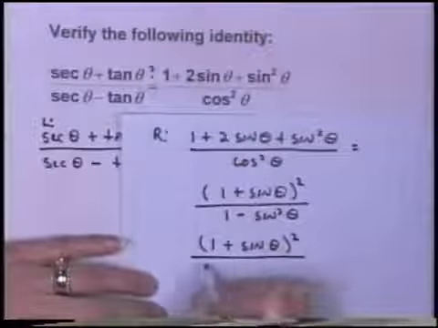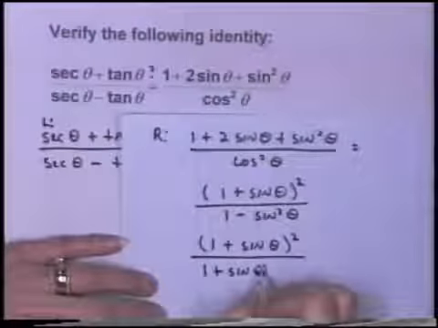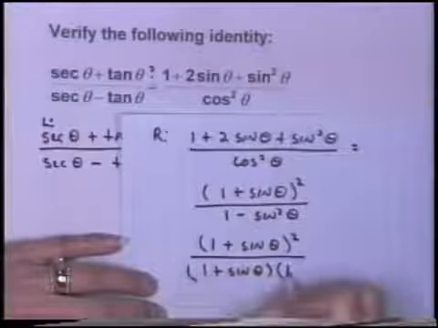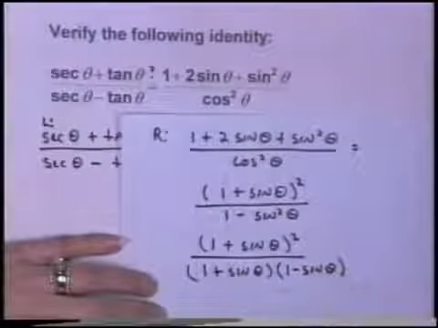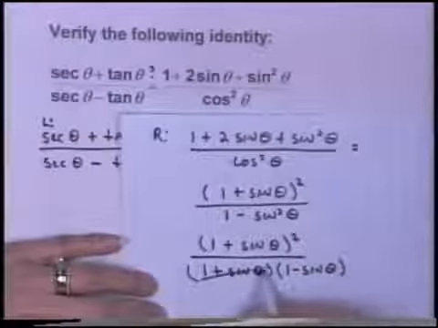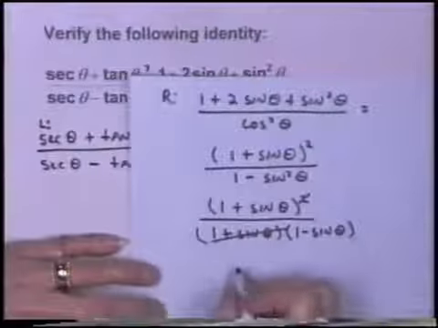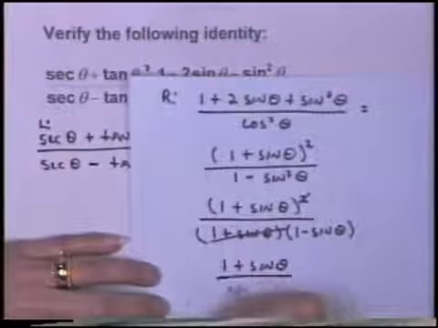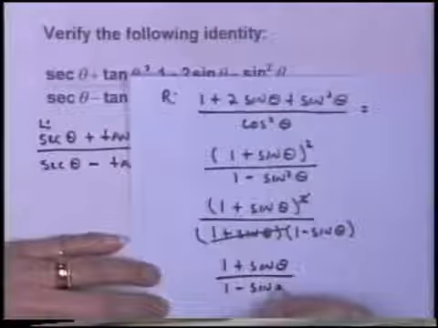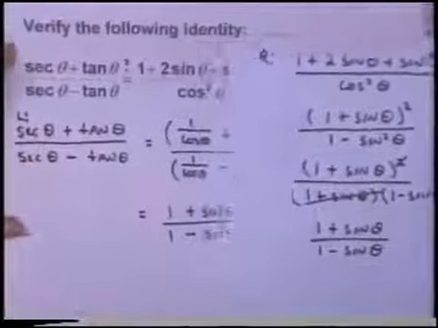Let me bring down my numerator of 1 plus sine theta quantity squared, and I'm going to factor this denominator as 1 plus sine theta times 1 minus sine theta. Now look, this 1 plus sine theta is going to cancel one of my factors up here, and so I have 1 plus sine theta over 1 minus sine theta.